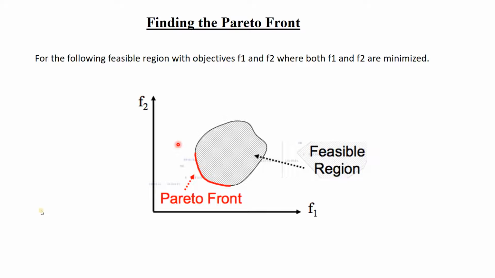These things have to be determined. That means you are finding the best solution. So this is the feasible region, or the total region where you have to find this Pareto front. That means you have to find that line where the best solutions lie, and separate it from the other solutions which lie in the feasible region. So here lies the Pareto front, that is, the best solutions.